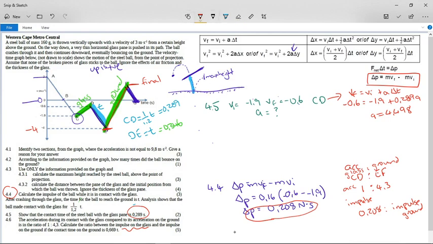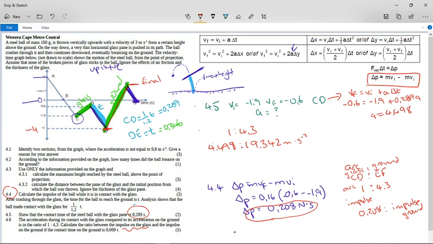Remember, it said right at the beginning of the question, the acceleration with the glass and the ground is 1 is to 4,3. So if 1 is to 4,3, 4,498 is going to be in the ratio. This works out to something like 19,342 meters per second squared.